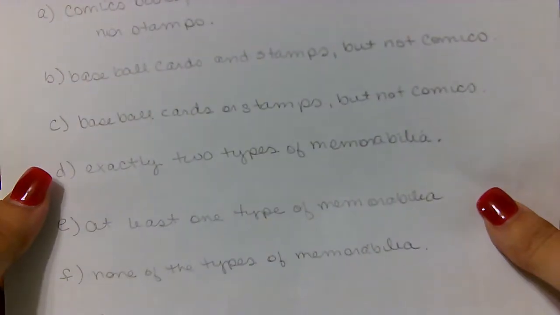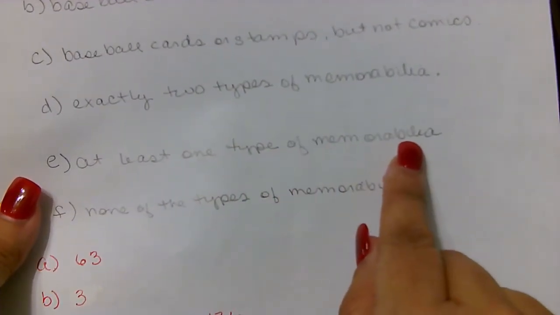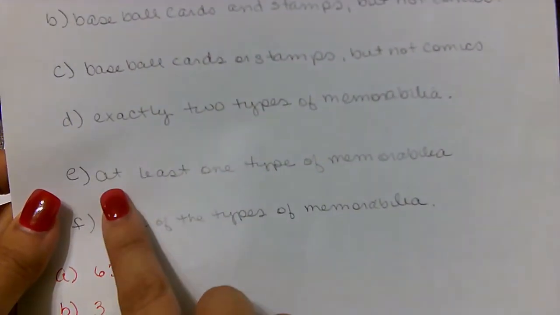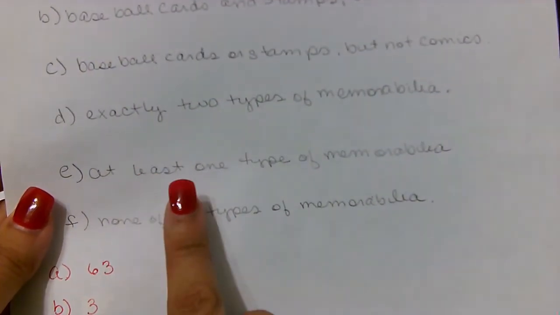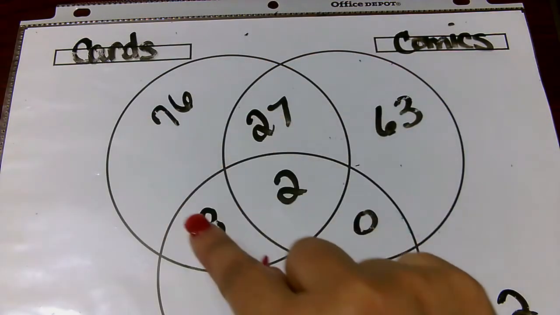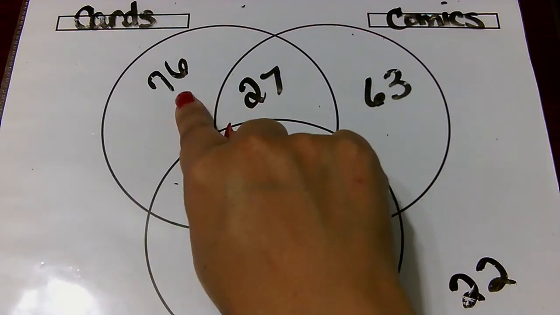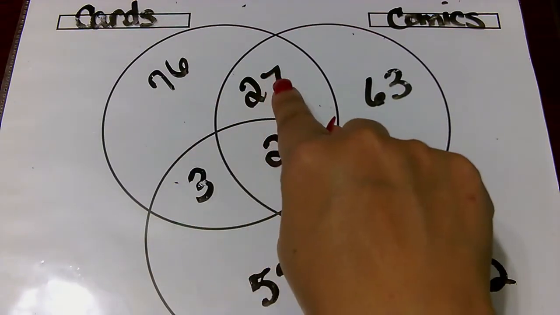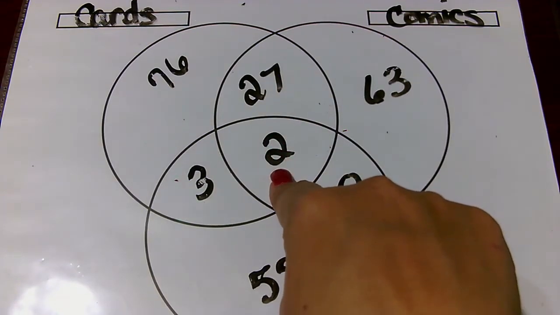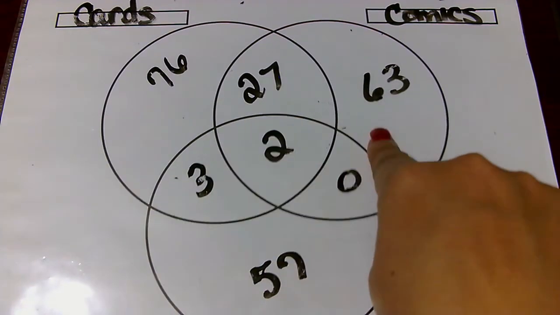Okay. Part E, at least 1 type of memorabilia. On this problem, the word at least is saying 1 or more. So what I'm looking at is everything inside of the circle, okay? This person collects 1. This person collects 2 types. These people collect 3 types. So here's 2 types, here's 1 type, and here's 1 type.